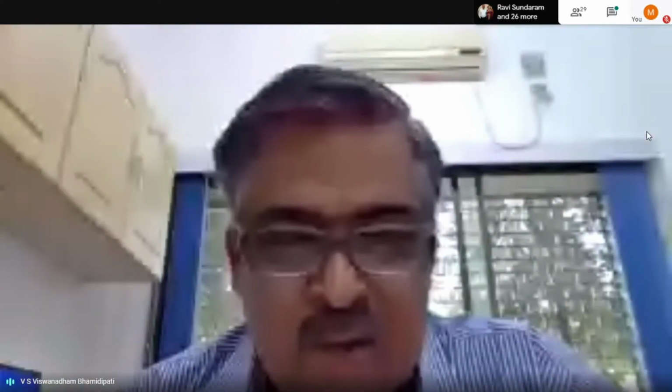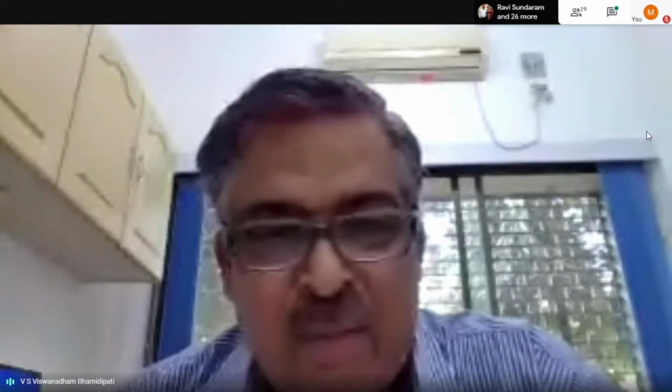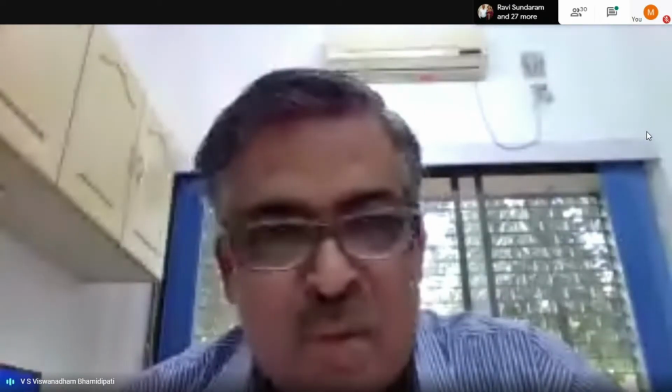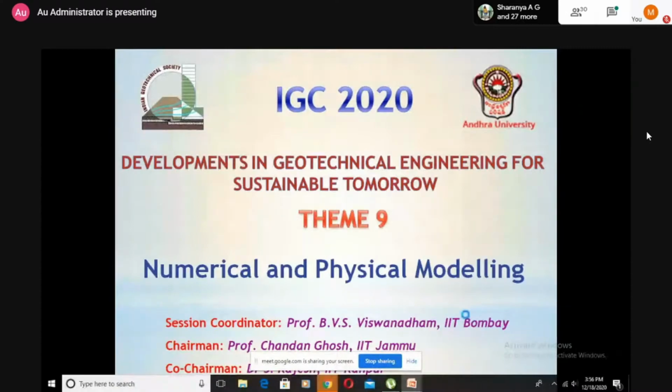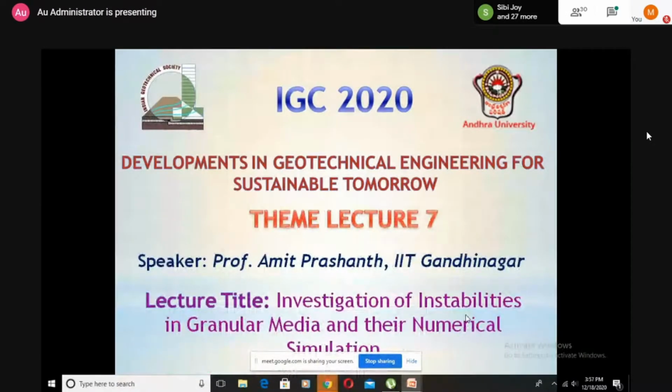When I visited IIT Kanpur, when I went to the lab, they showed the setups which we have developed and which are being used.